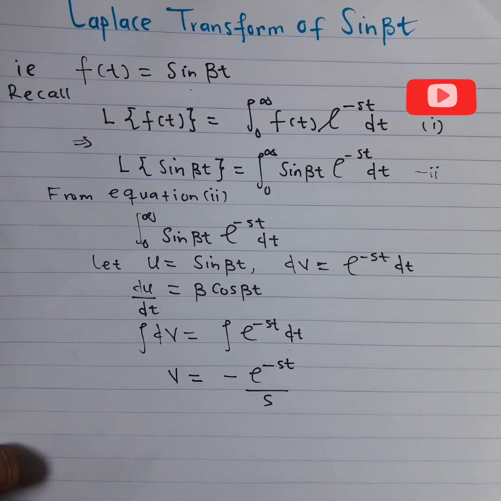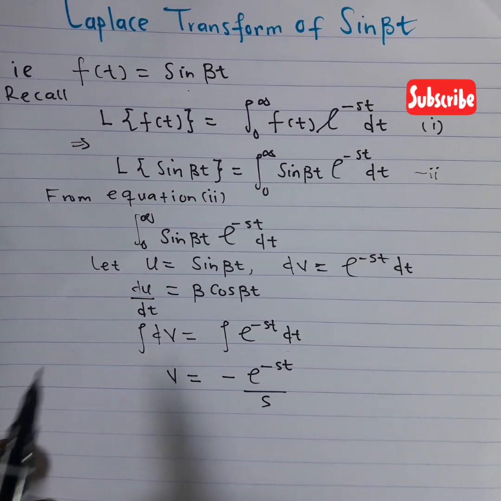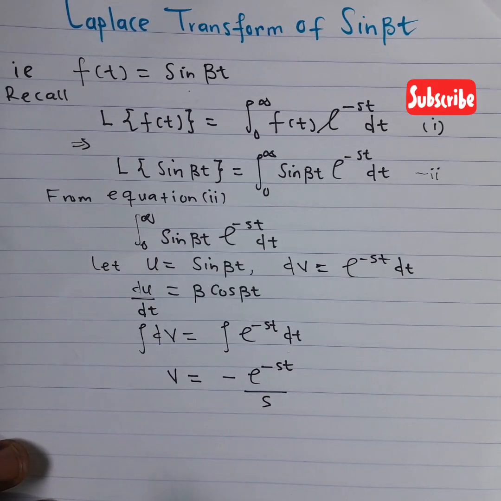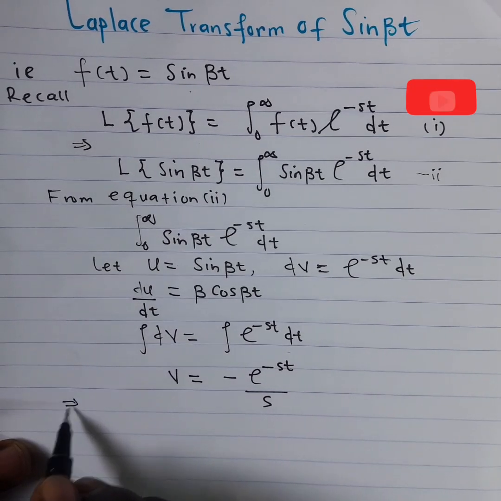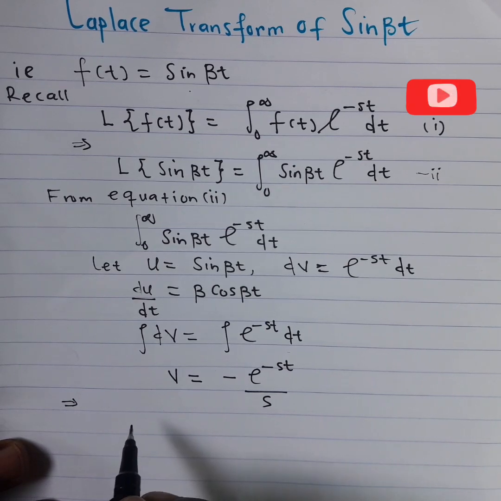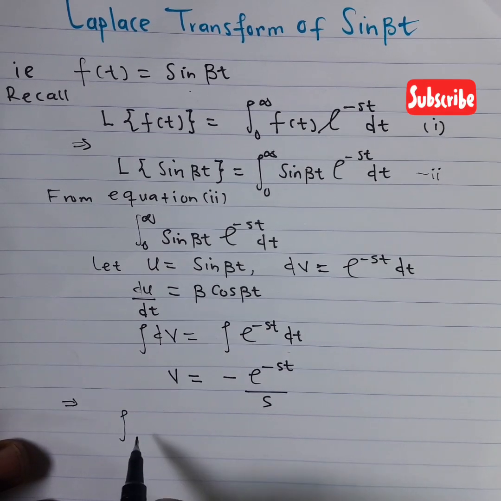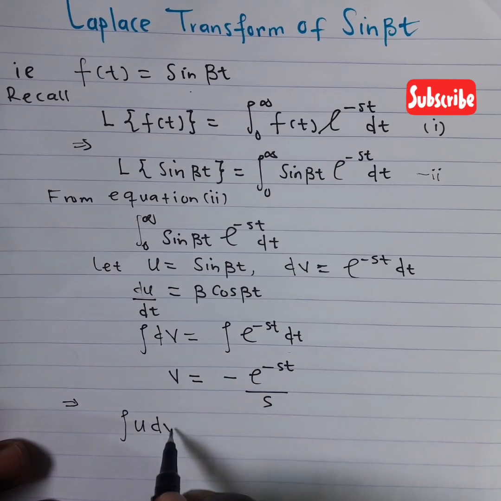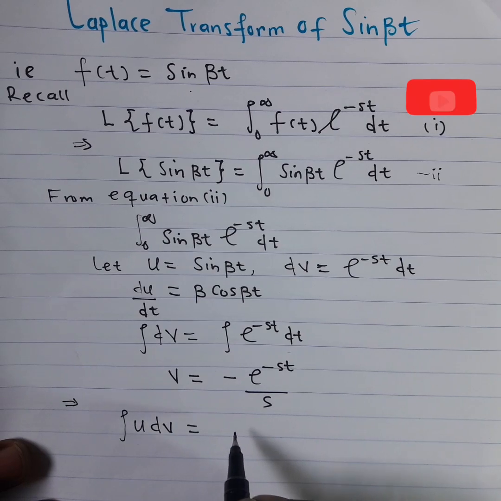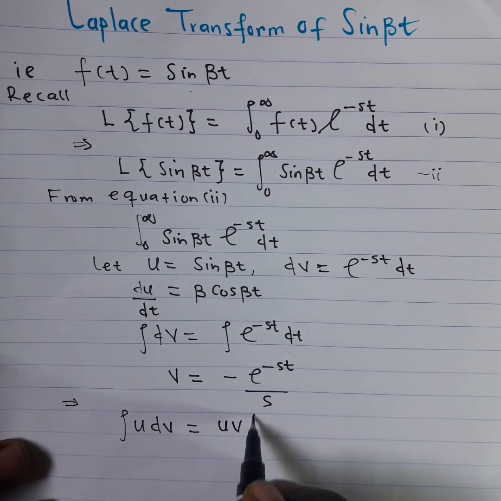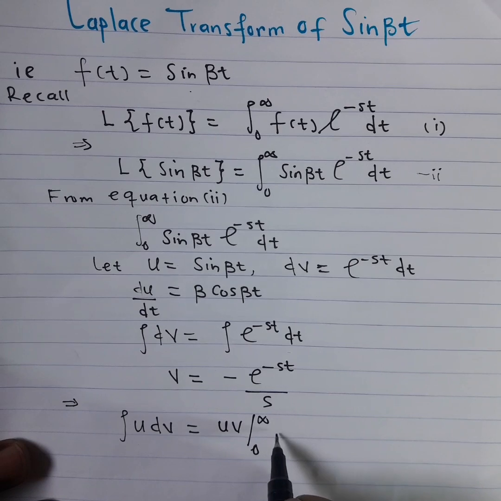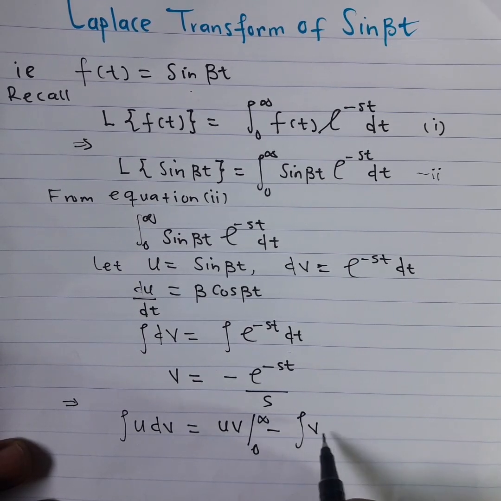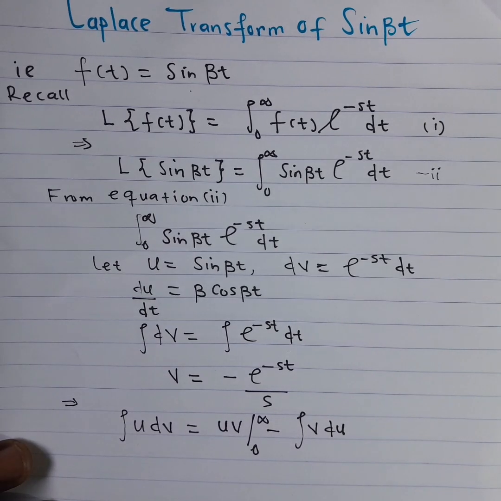So now, since we want to solve this integration, which is equivalent to integration by parts, and integration by parts says that the integral of u d phi equals u phi over the range of 0 to positive infinity minus the integral of phi du.